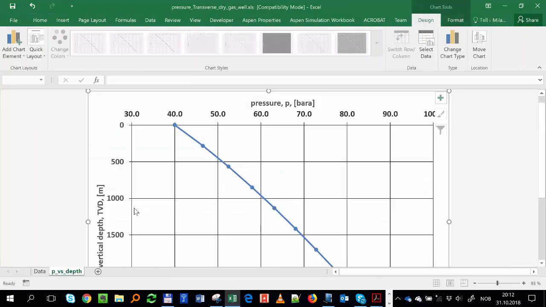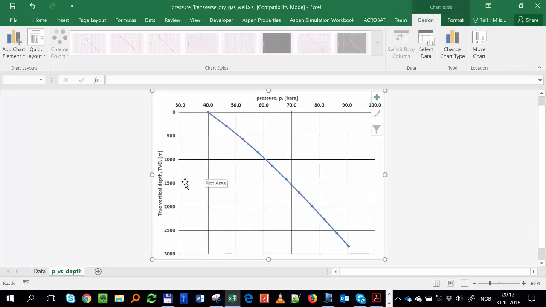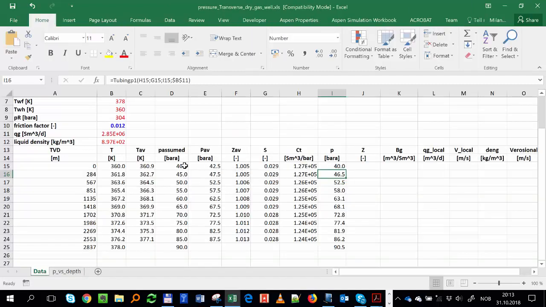So I think this plot will be populated automatically, okay. If you see, it's not exactly linear, it has some curvature. It's very close to linear, but it has some curvature. So if you see here the numbers that I assumed from 40 to 90, they are close, but not exactly the same as these numbers.